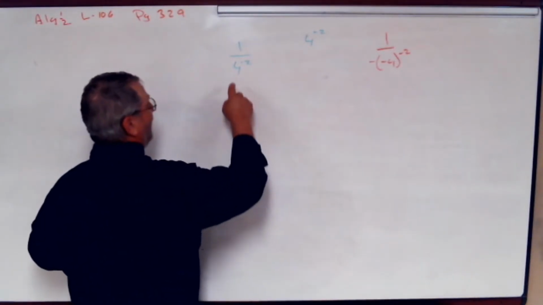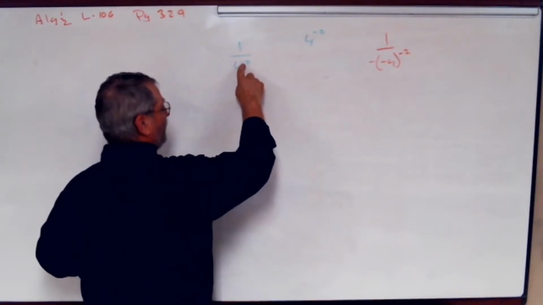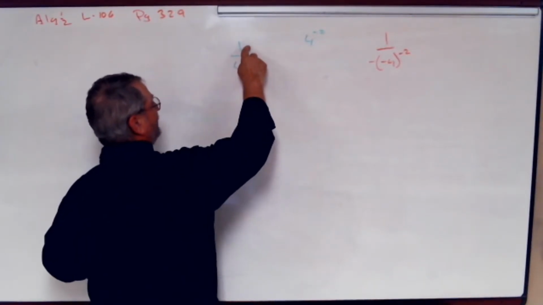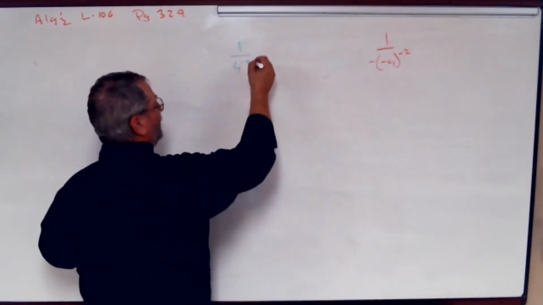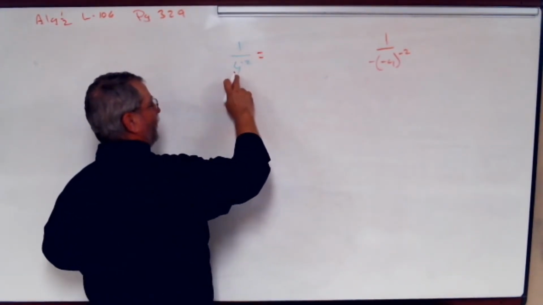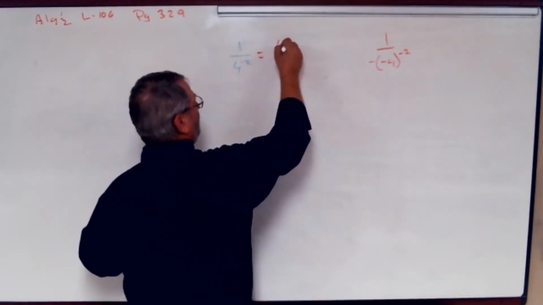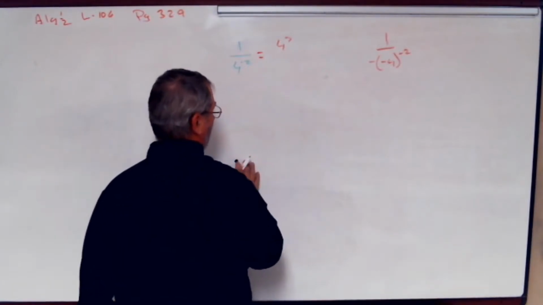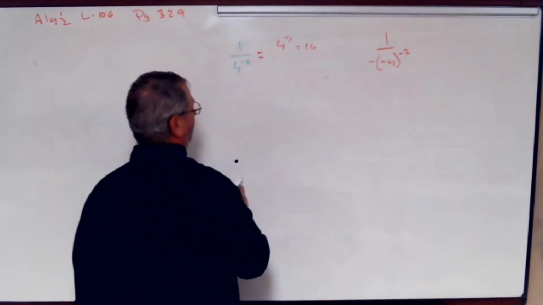If I have a fraction with a negative exponent on the bottom, to make that exponent positive, I take it to the top. Right here, I'm going to get rid of this one for a minute. So all I'm going to do is take this 4 squared to the top of my fraction with a positive exponent. Okay, and what that equals is 16.